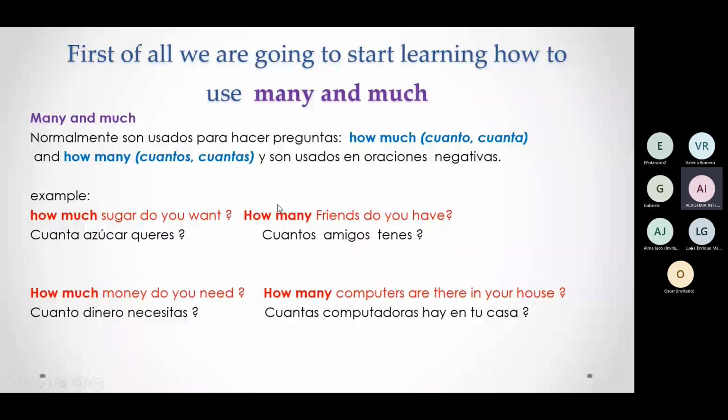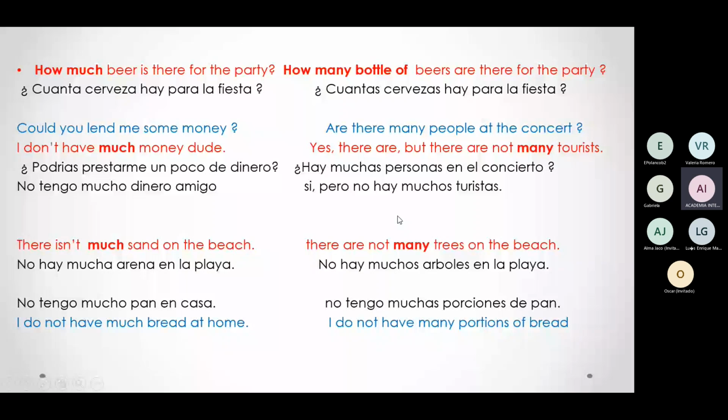These are other examples. If you can see here, we have another question. How much beer is there for the party? Yeah. So beer is a liquid, okay?